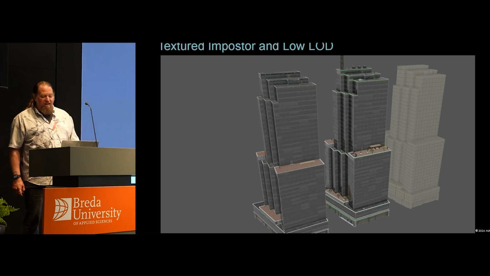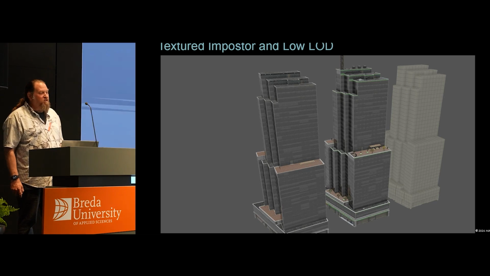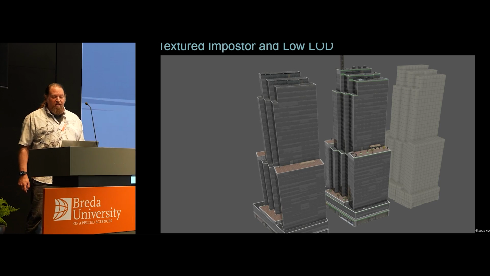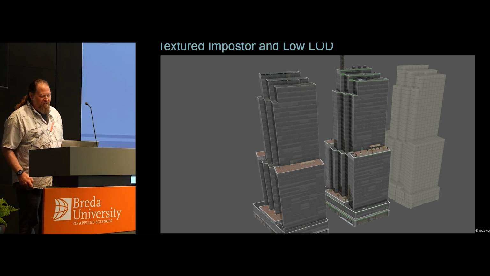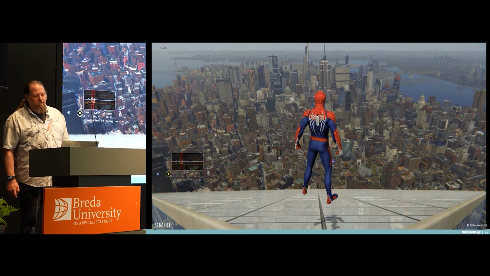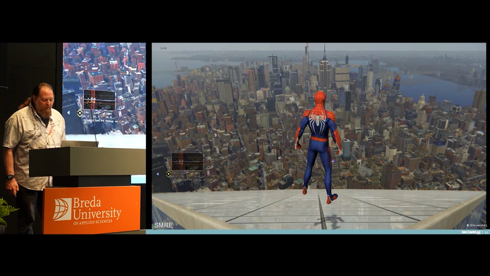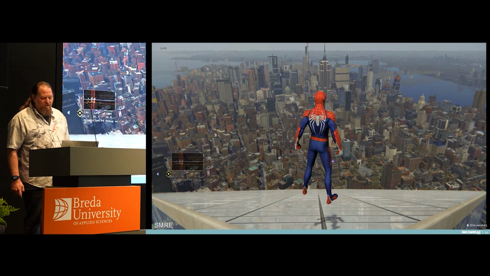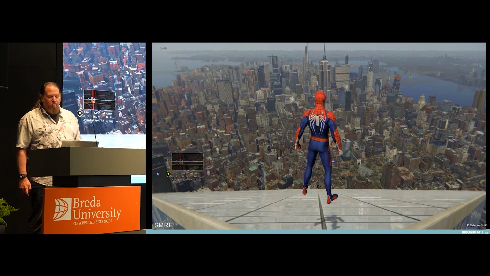Prop elements such as antennas and air conditioning units, which contribute to the silhouette, are tagged separately and handled by a distant hibernation system. With each Marvel's Spider-Man title, Insomniac increased the fidelity of our imposter system. Imposters in Marvel's Spider-Man Remaster used the same texel density and resolution as Marvel's Spider-Man Miles Morales.